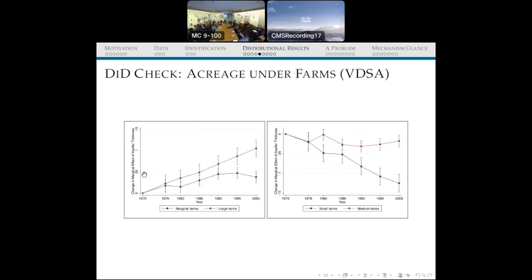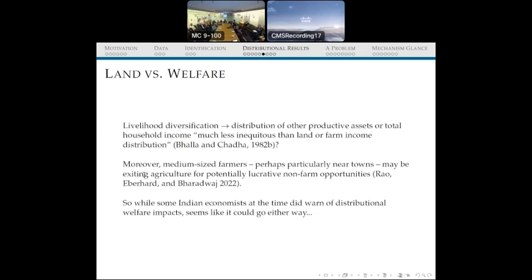Do the same thing for acreage under farms. I think the interesting thing, right, is that just because in land ownership you have fewer people owning this middle-sized land and, in particular, a buildup of these very marginal farms, it does not mean that there would be the same impacts on various outcomes of welfare, right? One of the reasons is that there might be livelihood diversification. It might be that the people who have very small farms also go into the non-ag sector and can do other things at the same time.